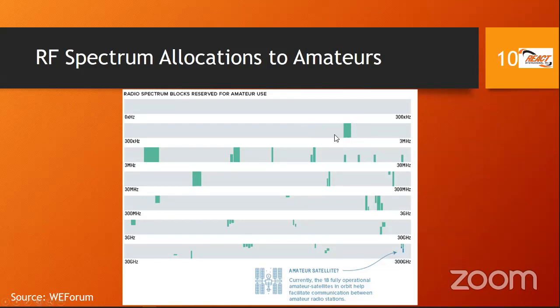This color here, turquoise or light green, shows you portions of the spectrum where, as a licensed amateur, you're able to transmit. This is another good reference for you, and you notice that hams have allocations throughout the entire spectrum.